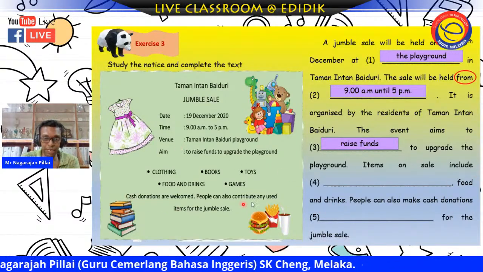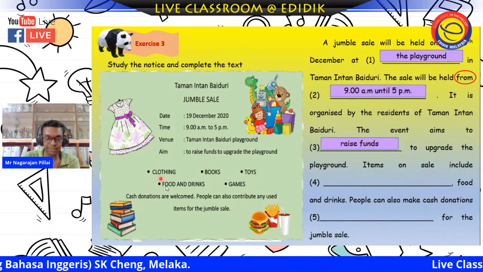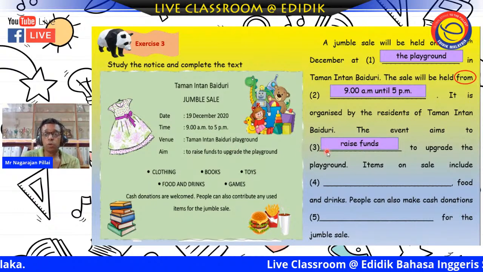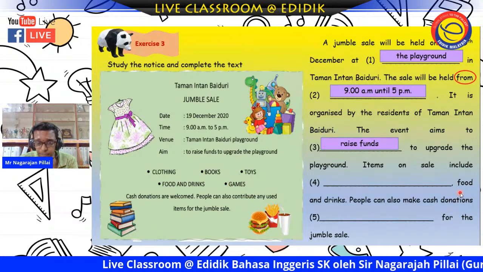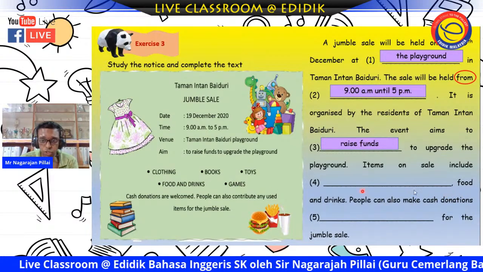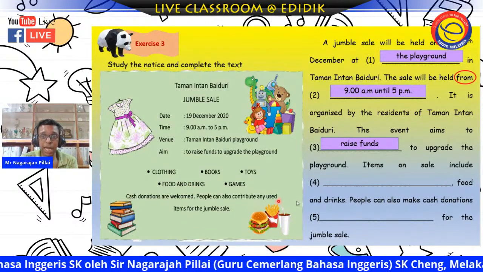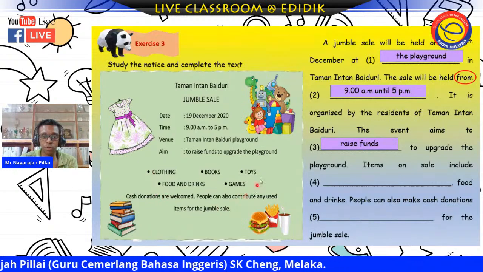Okay, we know here we have 5 things, 5 categories on sale. And 2 of them have been used in the sentence, which are food and drinks. Okay, items on sale. So we are left with clothing, books, toys, and games.